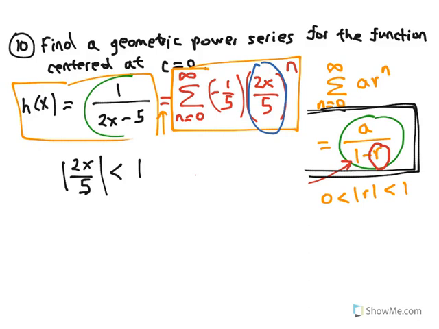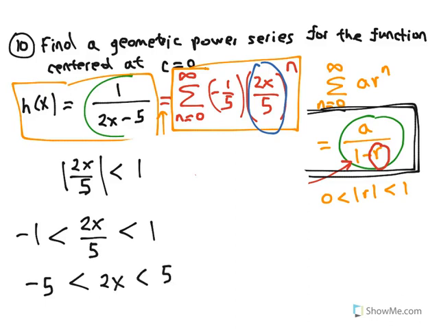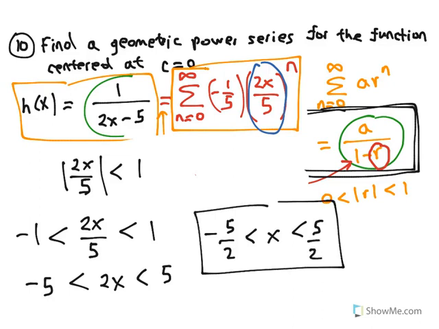So I will write my absolute value inequality and then write that as a compound inequality, and then multiply all three parts of the compound inequality by 5 to give me negative 5 is less than 2x is less than 5, and then divide each part of the compound inequality by 2, which gives me my interval of convergence for this geometric power series.